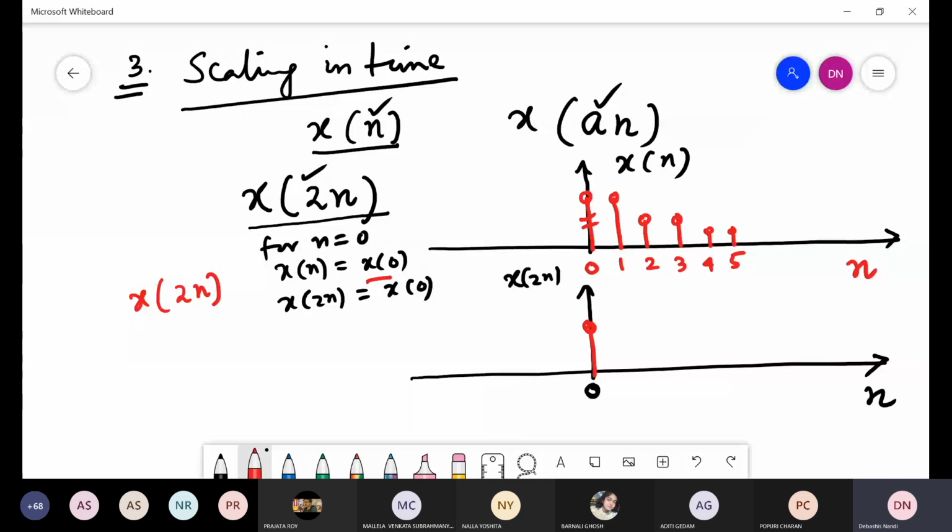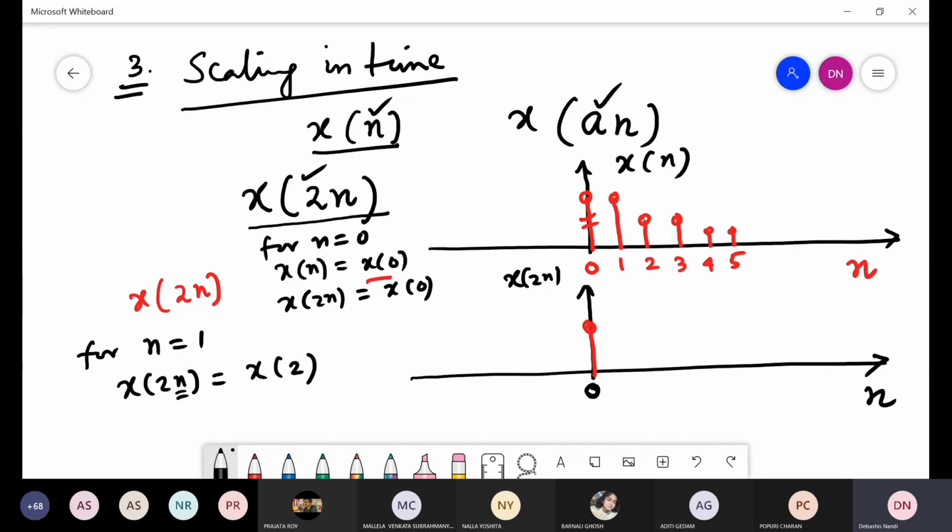Then suppose n is equal to 1. For n equal to 1, x[2n] is actually x[2], because you are putting n equal to 1 at this place.